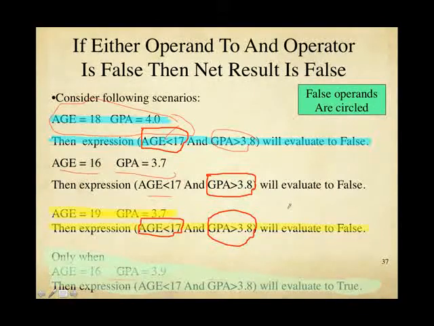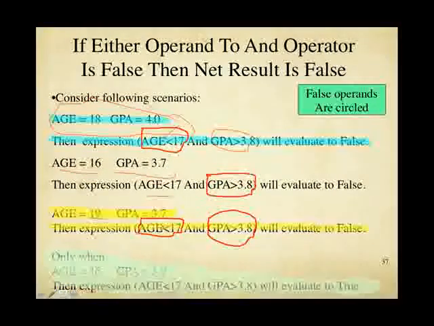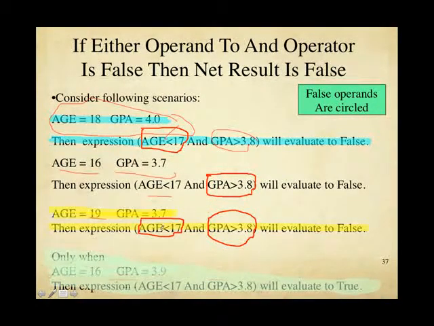And then AND operator should also behave in a way that when age is 19, then this becomes false, and GPA is 3.7, then this also becomes false. So in that case also the net result should be false. Only when age is 16, this becomes true, GPA is 3.9, then this becomes true, then AND operator should work in a way that this becomes true.